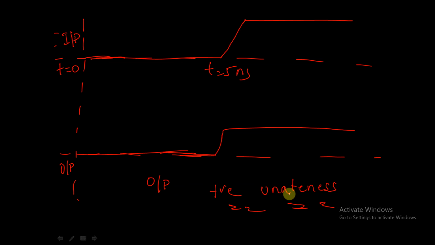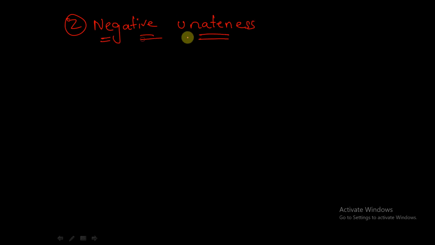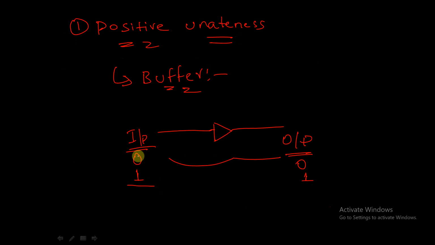Second one is negative unateness. Any idea what this negative unateness is? Opposite to positive unateness.